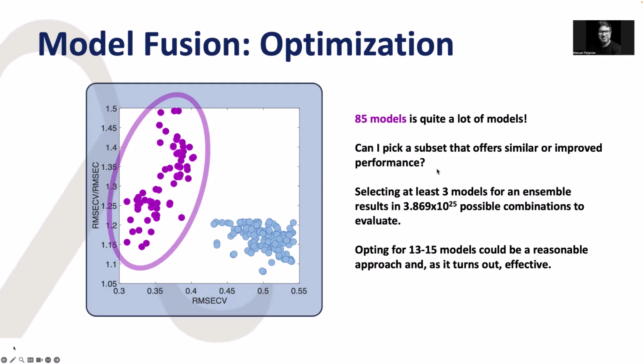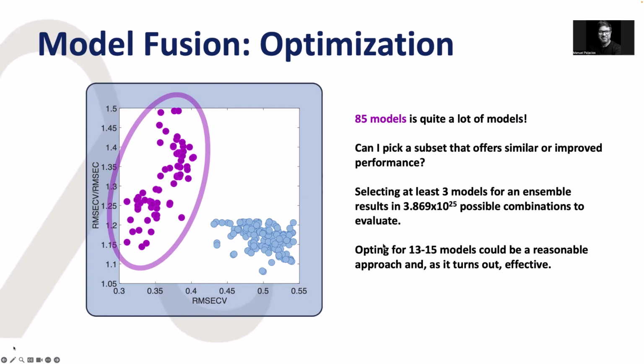And we know that if we start trying to do an n choose k, starting with just 3 models, we are going to end up with an insane amount of possible combinations, right? Because if we try to combine all the 3s, all the 4s, all the 5s, it's going to be really hard.